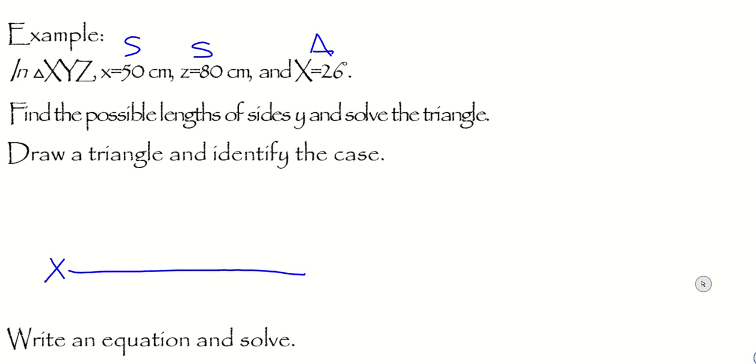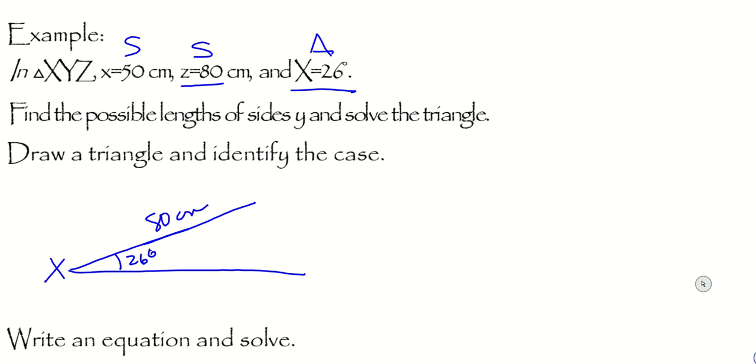Side Z is 80, and angle X is 26 degrees. So I'm going to come out at about 26 degrees, and I'm going to bring out my side Z, which is 80 centimeters.